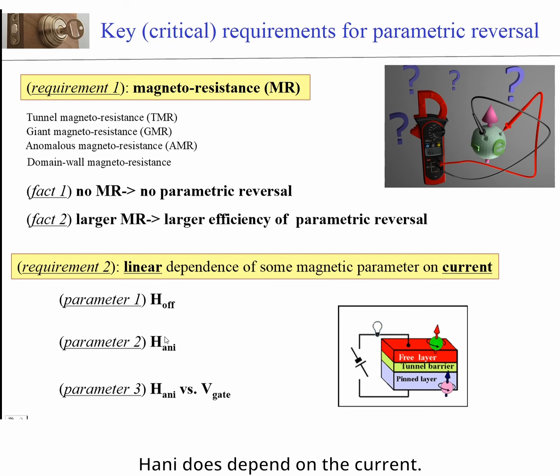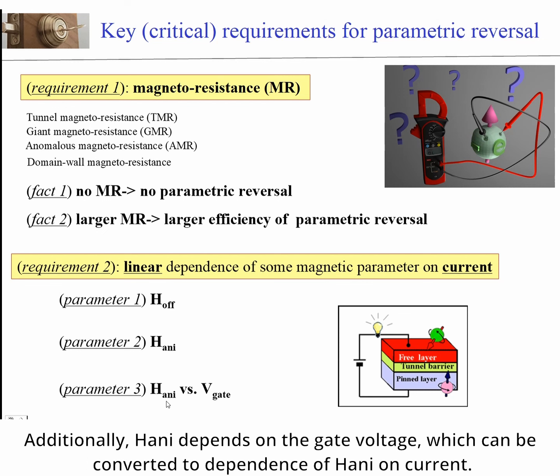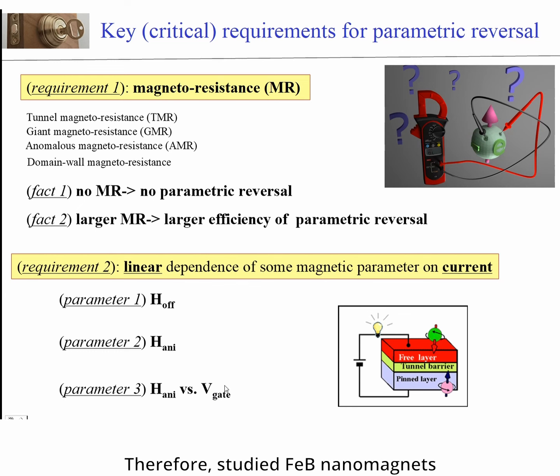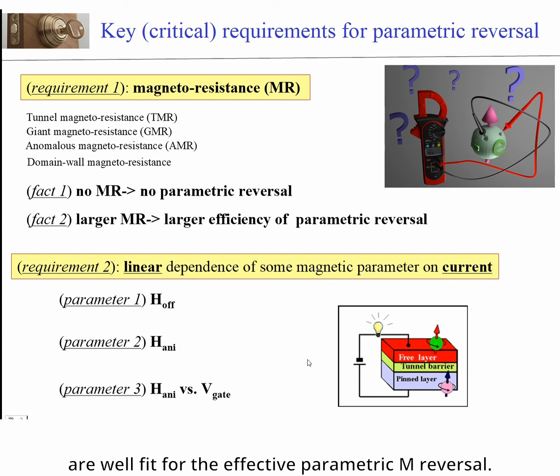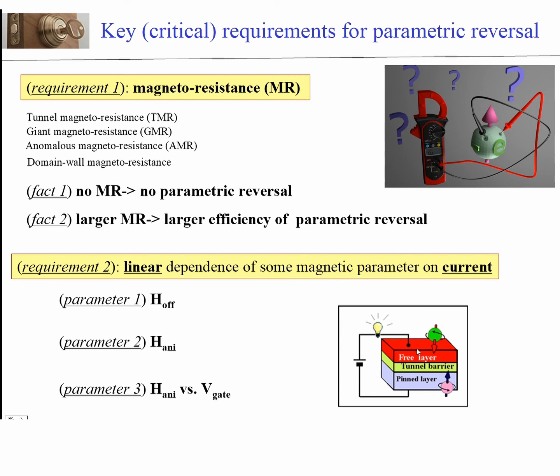Anisotropy field does depend on the current. Additionally, anisotropy field depends on the gate voltage, which can be converted to dependence of anisotropy field on the current. Therefore, studied iron-boron nanomagnets are well fit for the effective parametric magnetization reversal, like this.